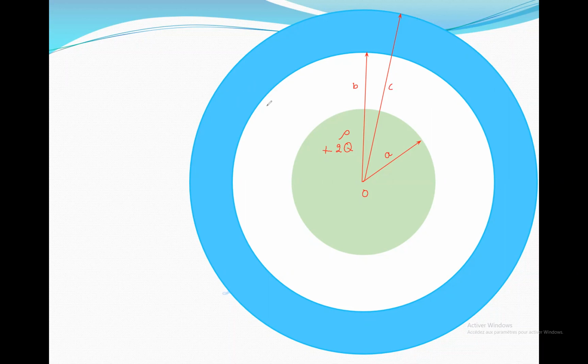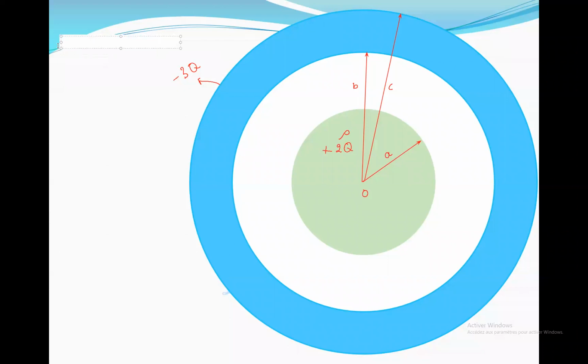Here, if we don't have the sphere inside, we have minus 3q, the charge of the shell. Without the sphere inside, this minus 3q will be distributed at the outer surface of the shell. But because we have a sphere inside, you will get a new distribution of charge in the shell.